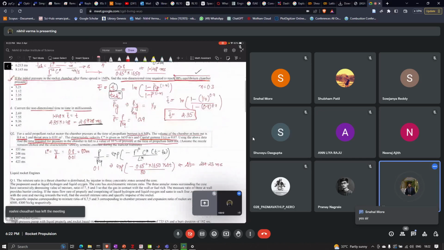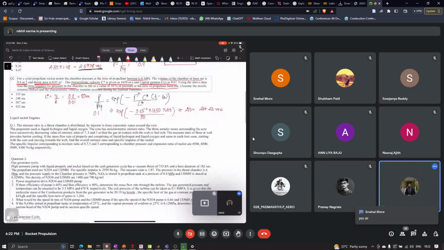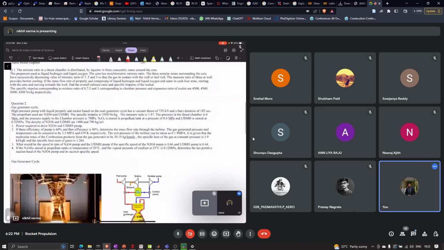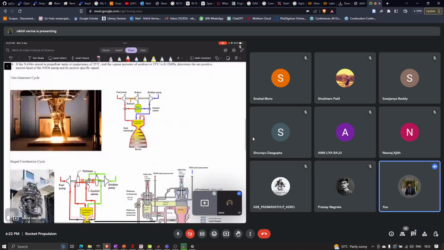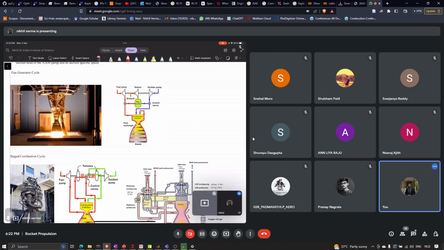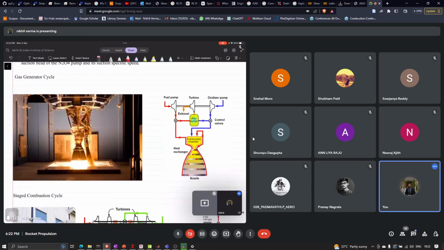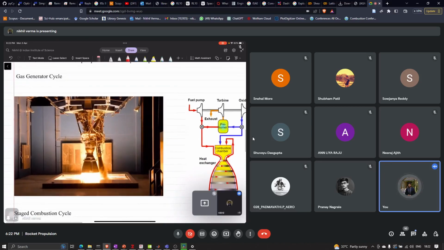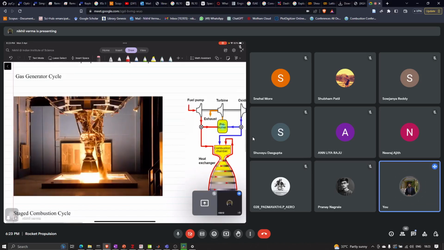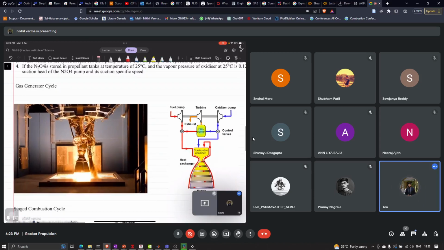So let us move to another problem, which is on liquid rocket engines. Before that, let me describe the different types of liquid rocket engine cycles which are generally used. One is known as the gas generator. In the first place, why do we need a cycle basically?